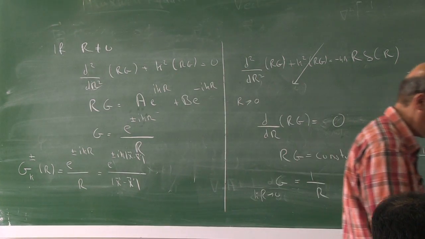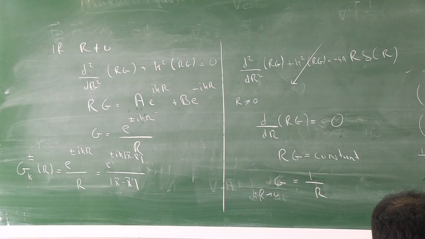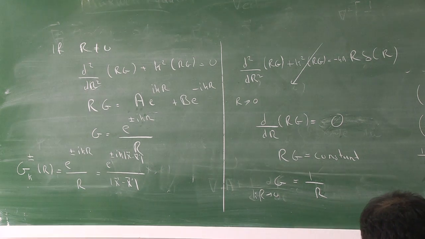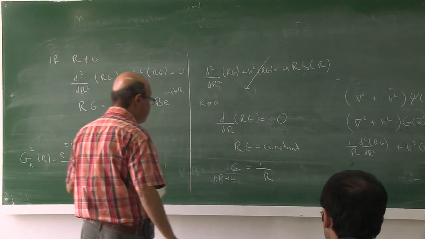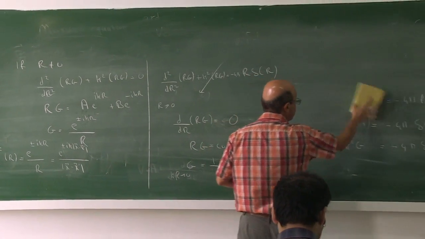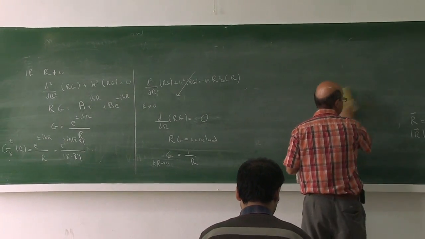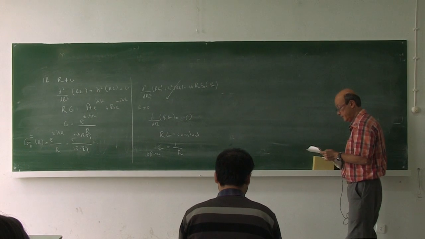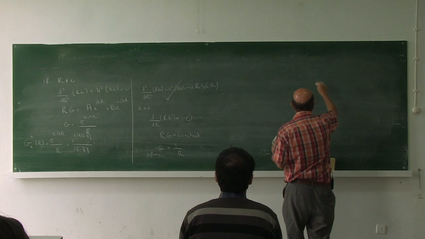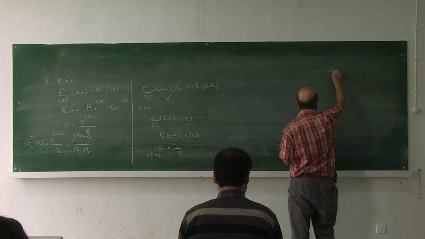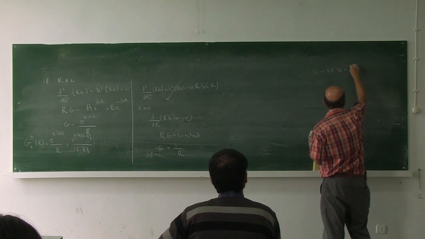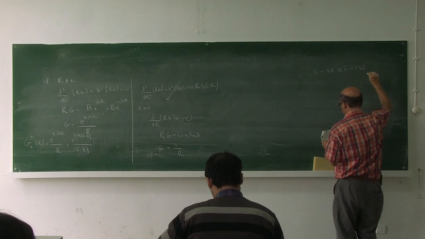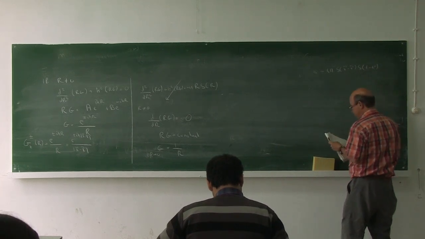Now let us remember the time-dependent form of the wave equation again. For the source, instead of delta x minus x prime, write delta x minus x prime, delta t minus t prime.